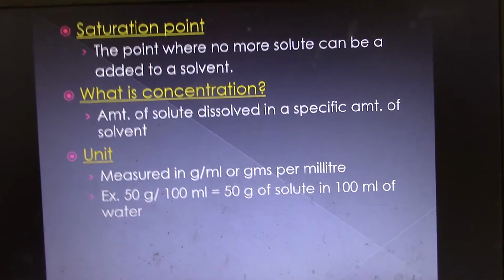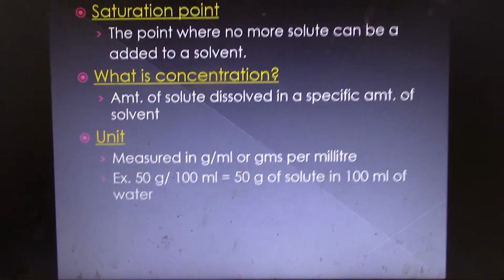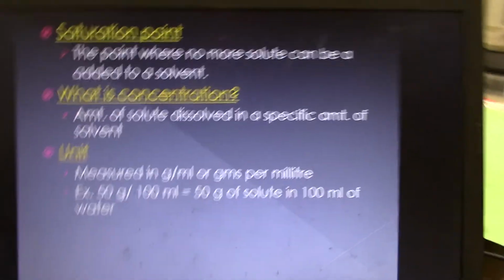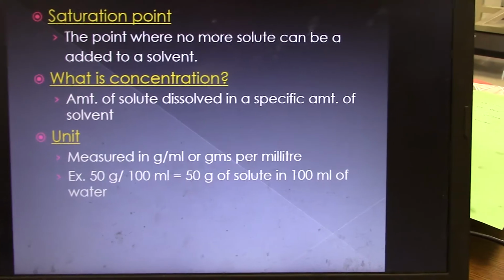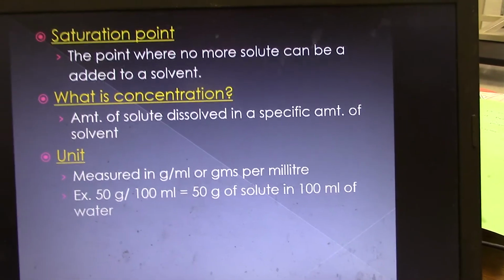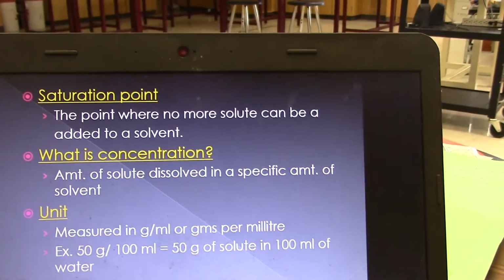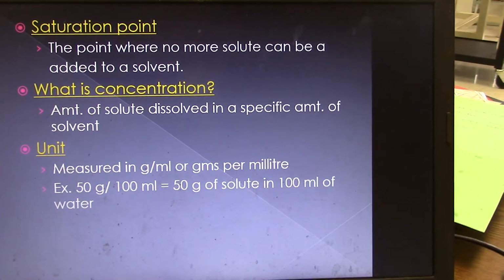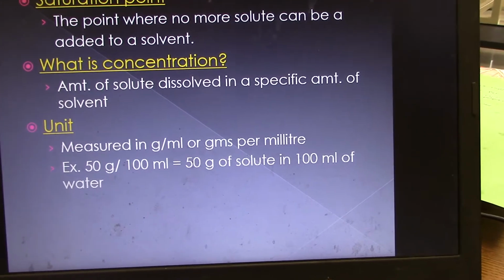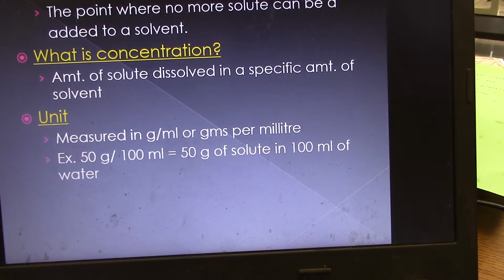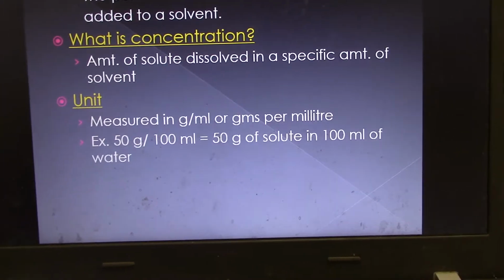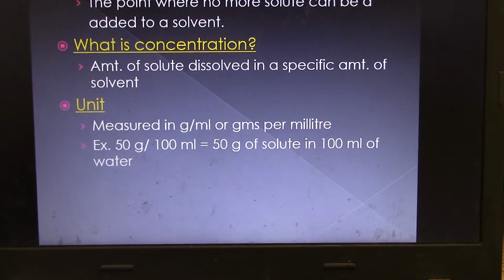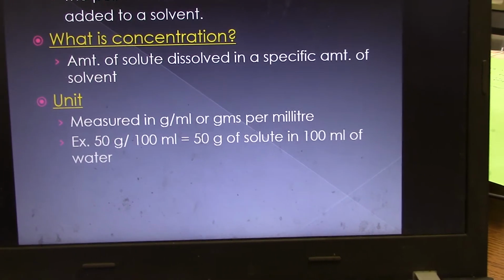So this leads us to the conversation about concentration. Concentration is the amount of solute that's dissolved in a specific amount of solvent. So the amount of solid dissolved in the amount of solvent is what we call concentration. We use grams per milliliter generally. There's different types of concentration that we can use, but for our purposes in junior high, we'll use grams per milliliter.